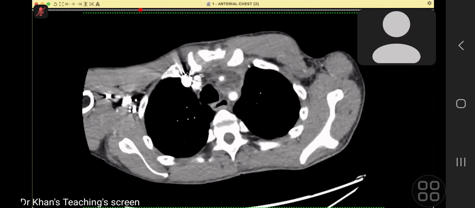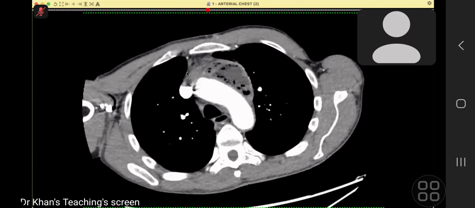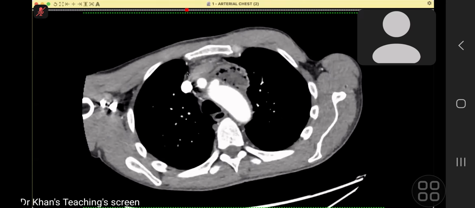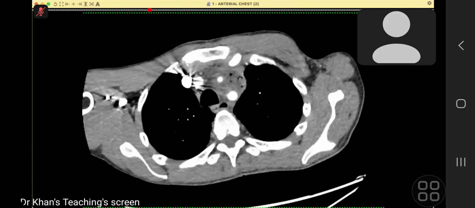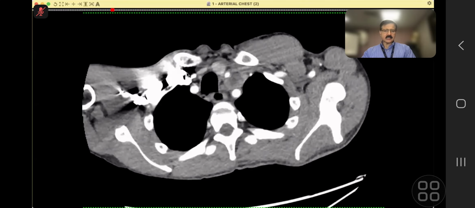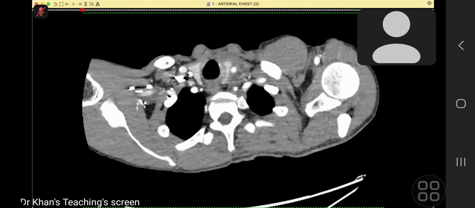It is mainly centered around the divisions of the aorta, the left subclavian and the left carotid. What is the superiormost extent of this abscess?